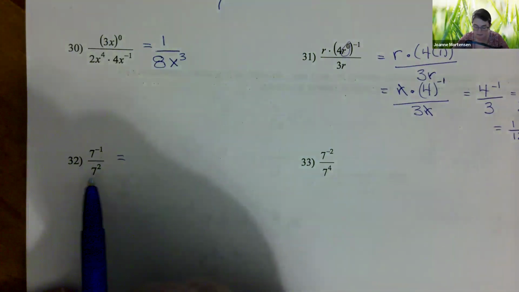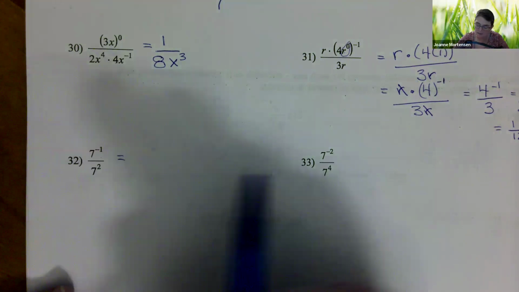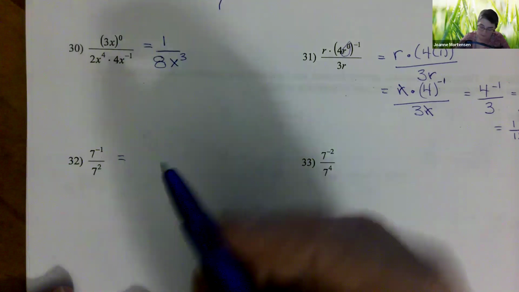All right. So the thing is, the 7 here and also here is acting as a base. So I'm going to treat it exactly like I would an x. I'm going to play with the calculator after, because there are some options here.